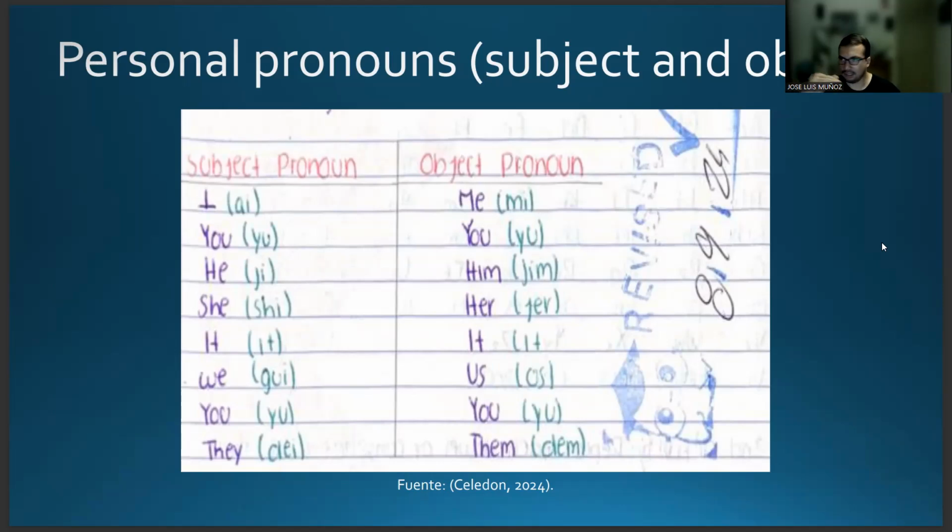You stays the same. He changes to him. She changes to her. It is the same. We changes to us. You stays the same. And they changes to them.